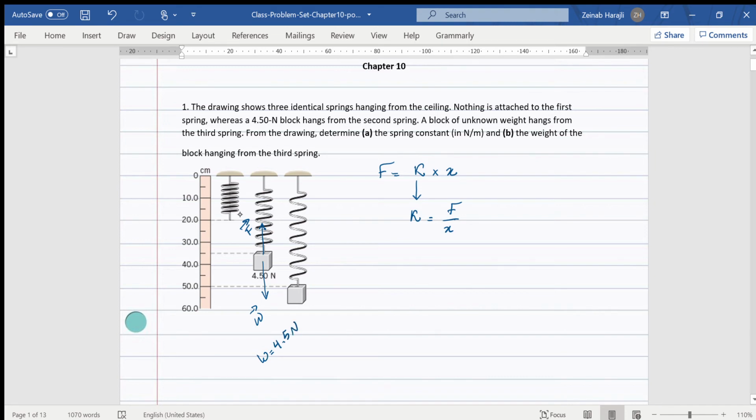In the first situation, no forces exist here on the spring. There is no tension exerted by the spring and no hanging mass to exert a weight force or an applied force on the spring. So here obviously x is equal to 0, the elongation of the spring is 0, but we can also say that the length of the spring here is equal to L0, which is the natural length of the spring.